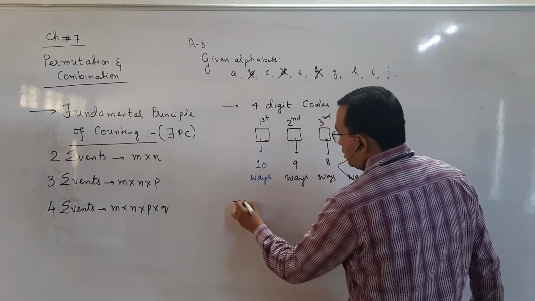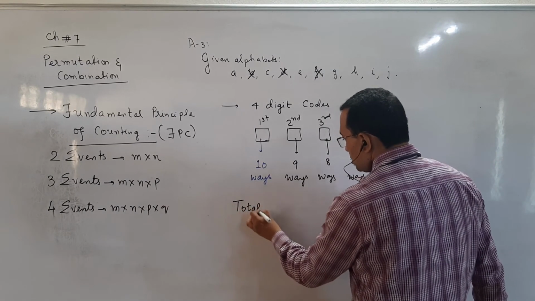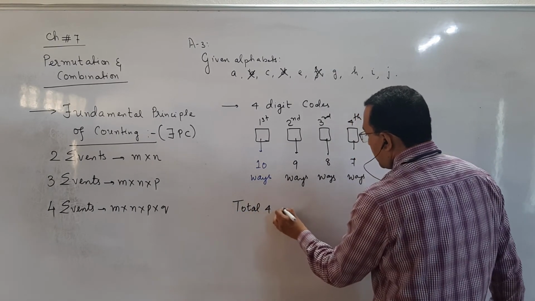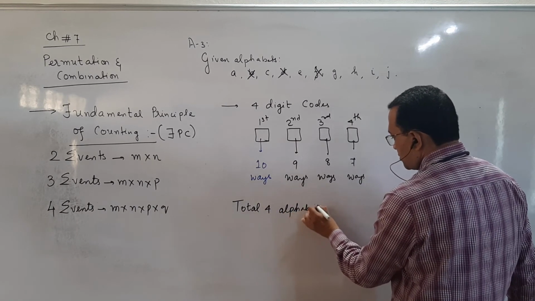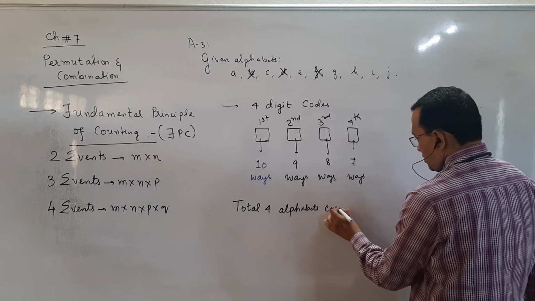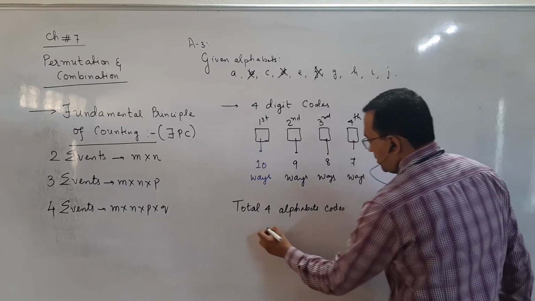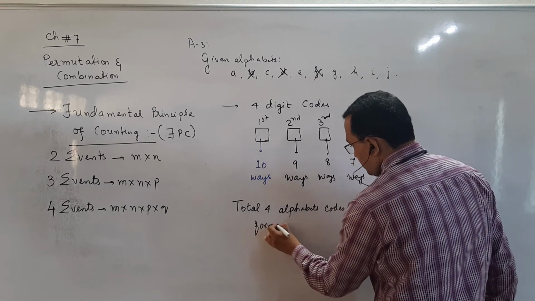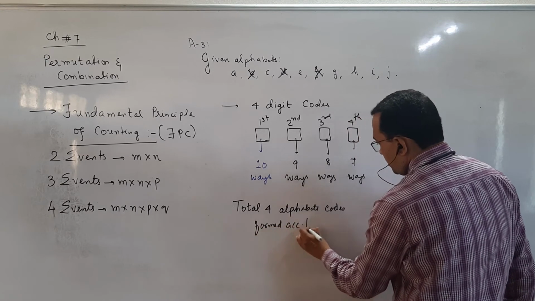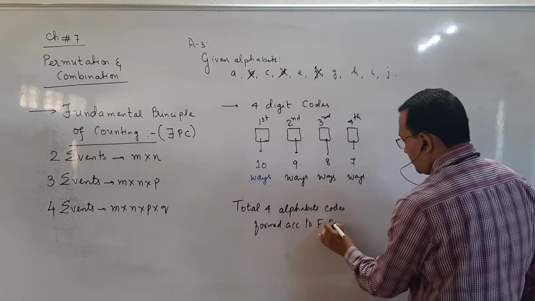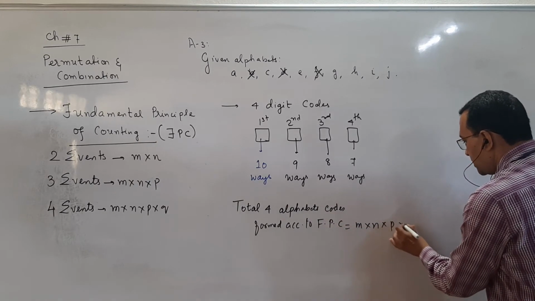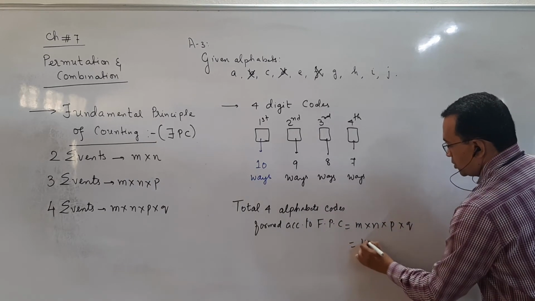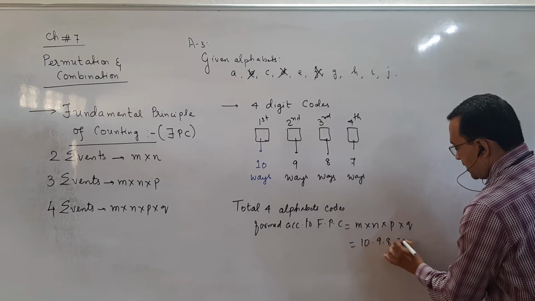So the total 4-digit codes formed, according to the fundamental principle of counting, are 10, 9, 8, 7.